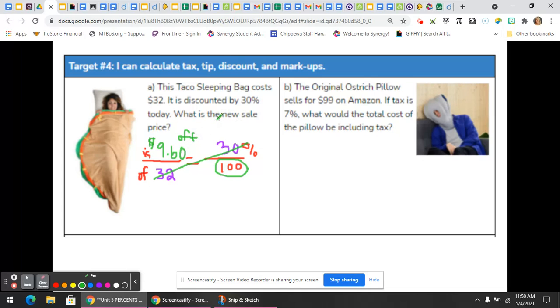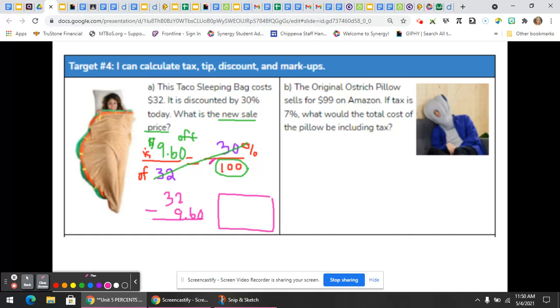We still want to find the new sale price. So to finish this off, you've got to take your $32 minus $9.60. Grab your calculator, finish that off, and tell me what is the new sale price. Okay, that will complete your letter A.